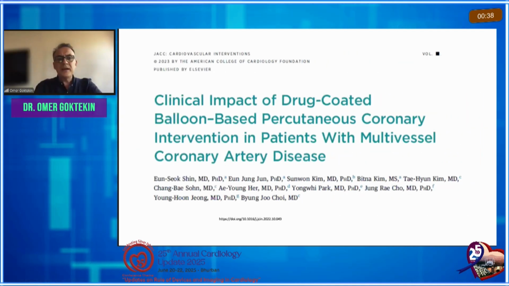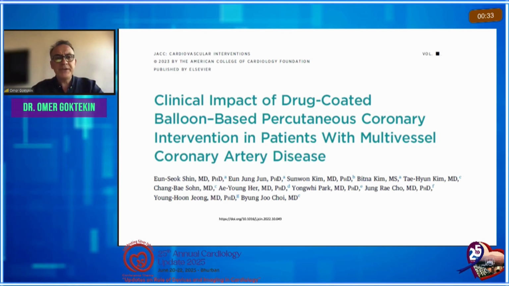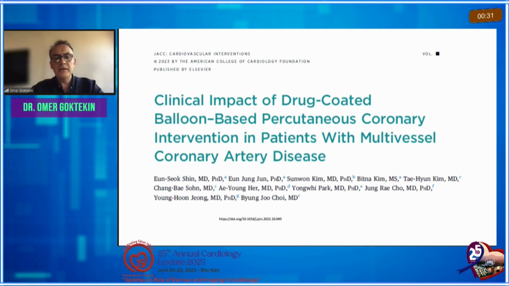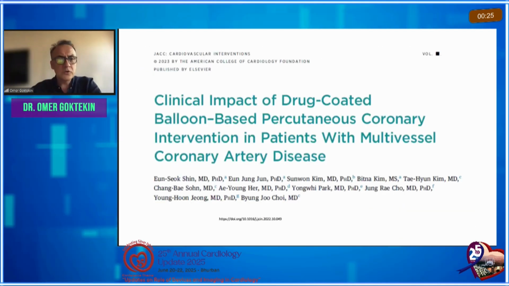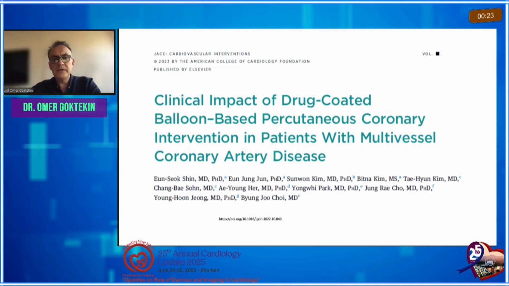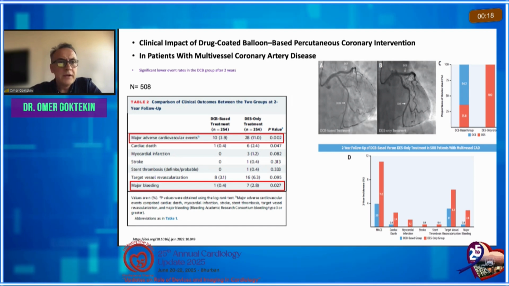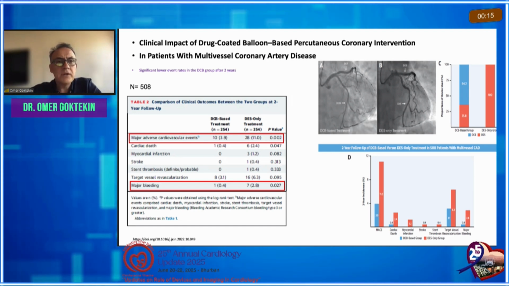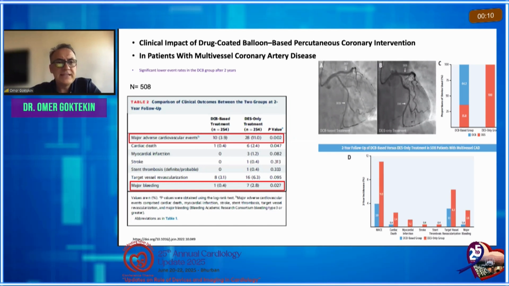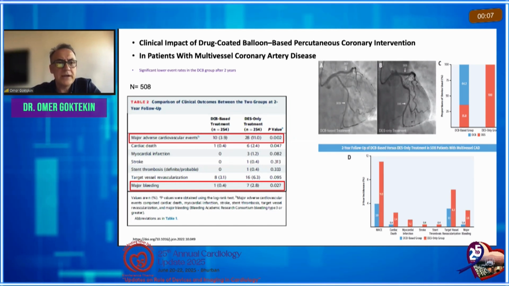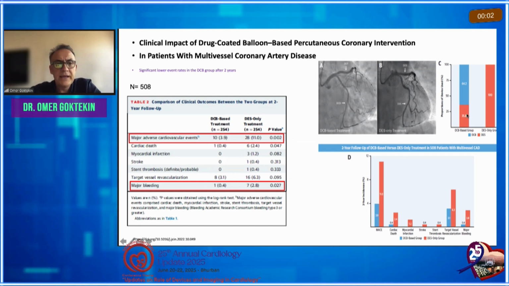So let's see some studies. For example, this study evaluated DCB in multivessel disease. It is quite a new study, published about 3 years ago, and the number is quite good. They had 500 patients. They compared DCB versus stent, and according to their results, DCB has fewer major cardiac events, less major bleeding, and less cardiac death.